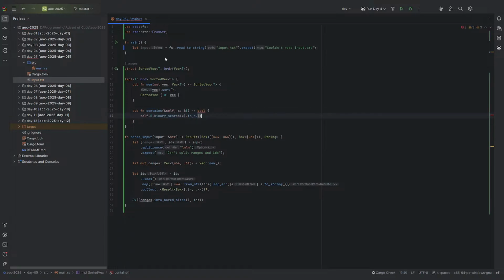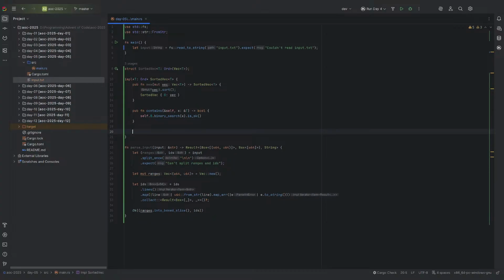Oh, it's already picked up on it. I can use binary search. This way it should be a lot faster to search through a list of all those ranges. That's also not quite what I need.